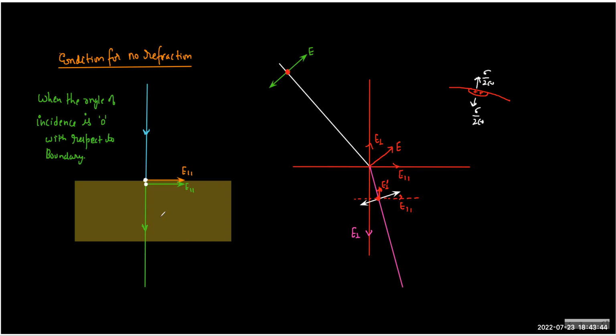Because we do not have the perpendicular component, there is no question of getting affected. Understood? So because the perpendicular is not existing, it is not changing. That's the whole idea.